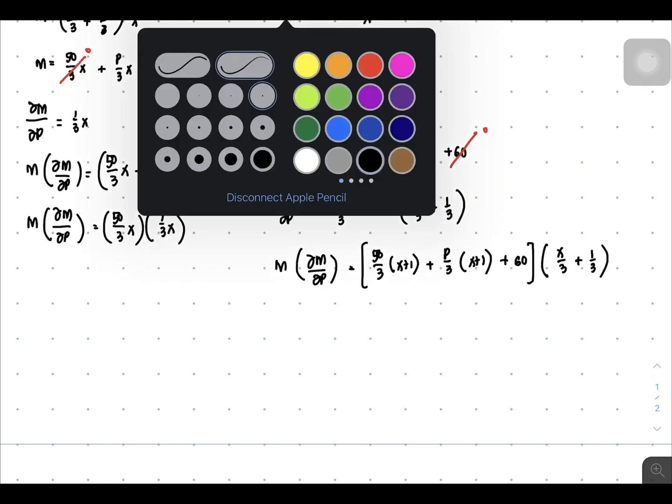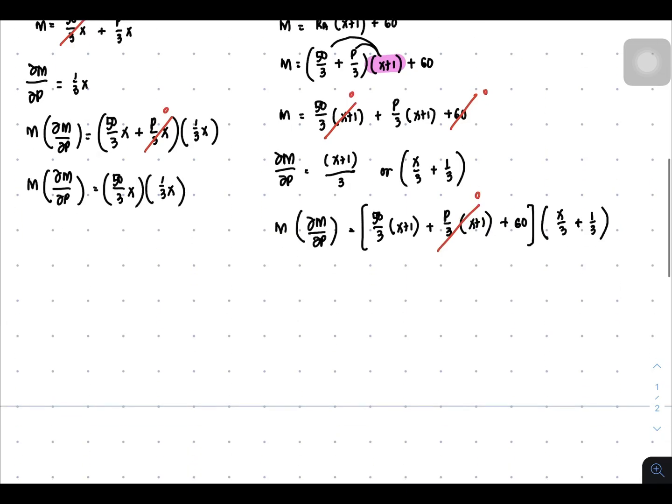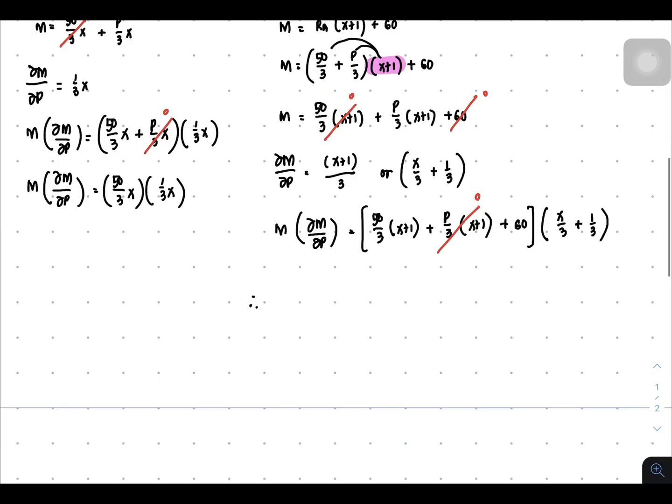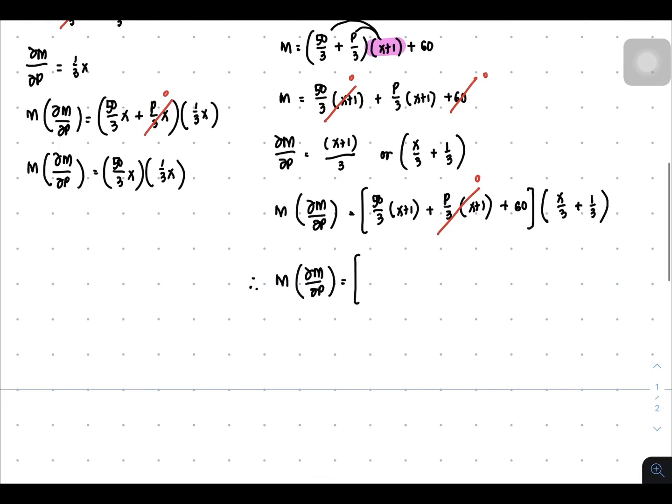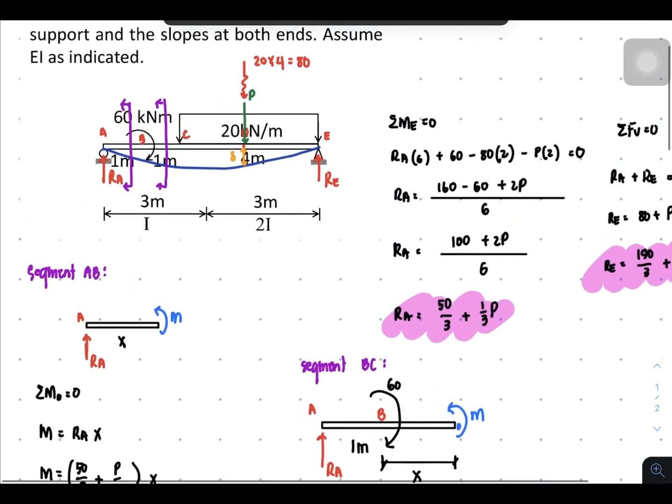And this time we are now going to set the term with P to 0 permanently. So therefore, the final equation of the product of M and the partial derivative of M is equal to 50 over 3 x plus 1 plus 60 times x over 3 plus 1 over 3. Okay, next segment.